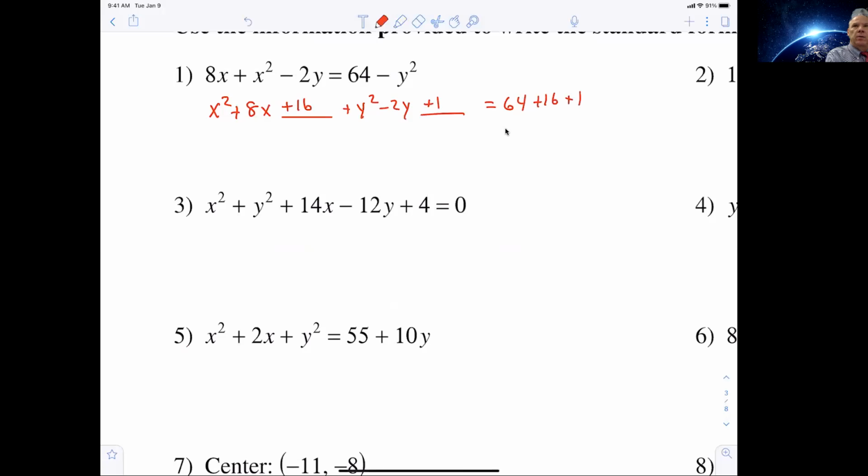Everybody happy with that? And that always factors to whatever the half was. What's the half? X plus 4 what? Plus y what? Plus or minus? Minus 1 squared equals 81. So my center is -4, 1 with a radius of, yeah, I just don't think that's that hard.